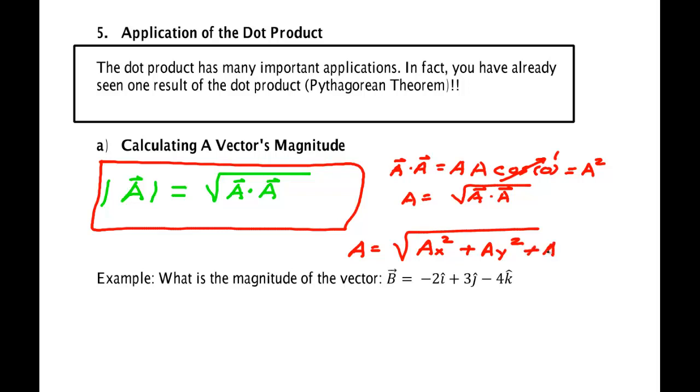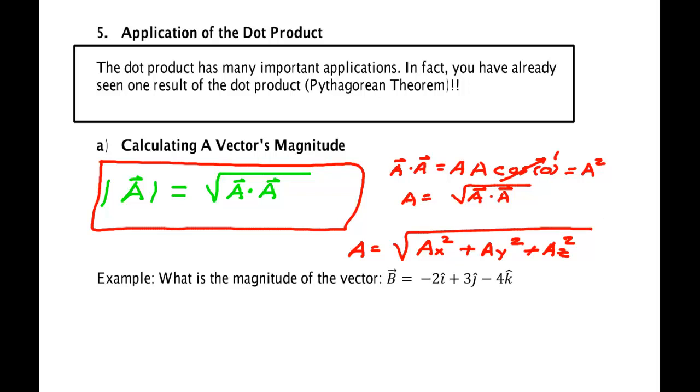But if it's 3 dimensions, you get the 3-dimensional Pythagorean theorem. Oops, sorry, put the wrong squared. So you simply take each component, square it, add the components together, and take the square root.